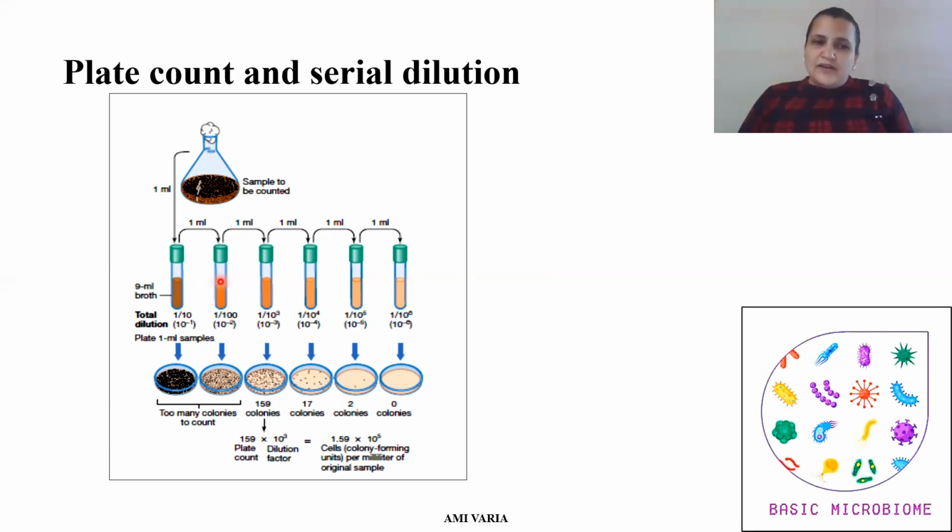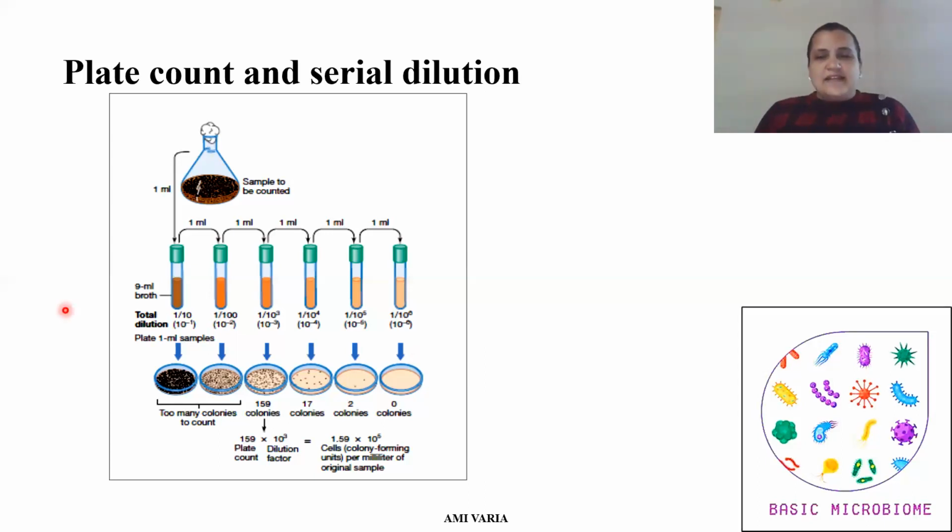From the second tube, after mixing, take 1 ml sample and transfer it to the third tube. That will give you 10 raised to minus 3 dilution. This method is repeated up to the required dilution, and from the last tube we have to discard the 1 ml inoculated sample to maintain our dilution ratio.